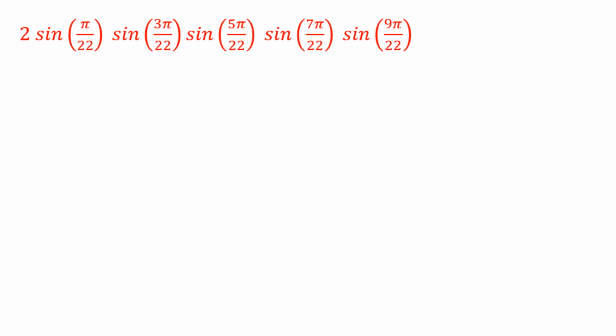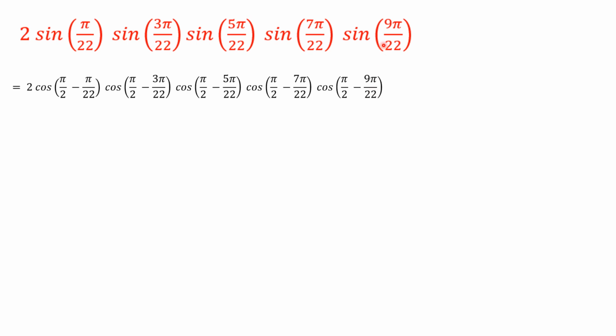Consider the given product. Next, apply the concept sin theta is equal to cos of 90 minus theta to all the sine terms in the given equation.